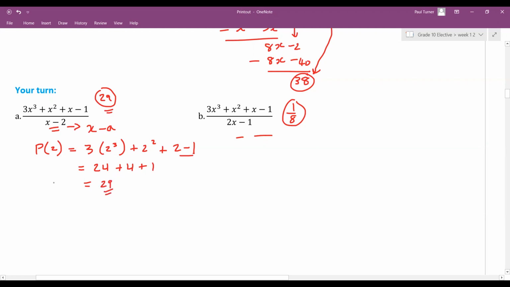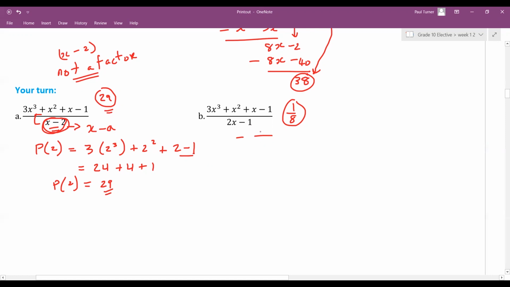Pretty easy, isn't it? That means x minus 2 is not a factor, because you had a remainder. If it's a factor, from the factor theorem, remember this should be 0. You should get no remainder, all right?